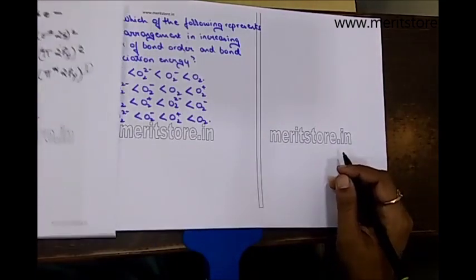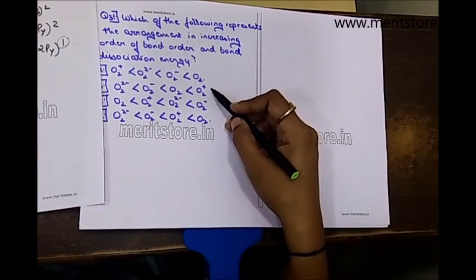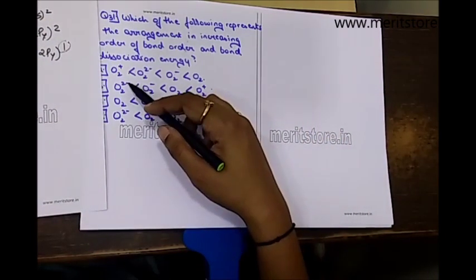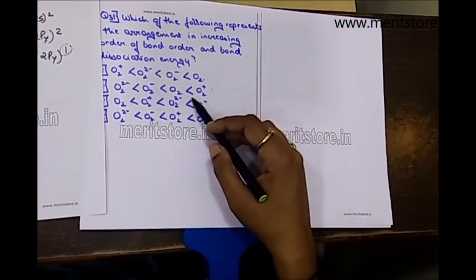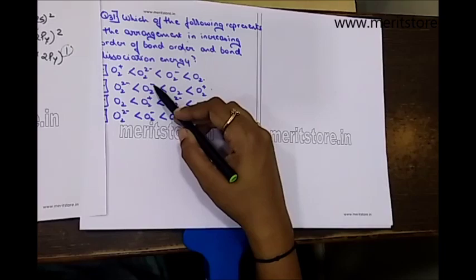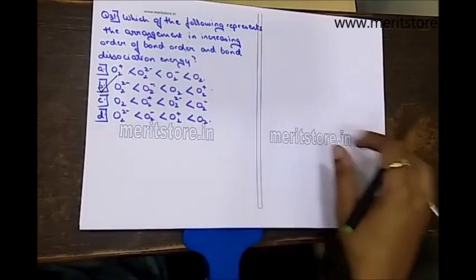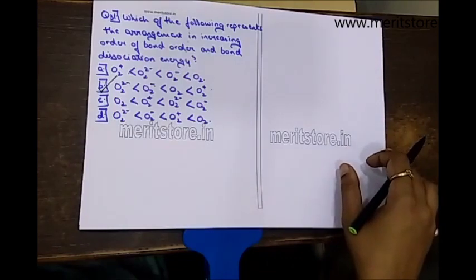So the highest bond order is with the O2 plus molecule, and the lowest is with the O2 2 minus molecule. In between you can find there is O2 molecule, and O2 minus will be around 1.5. Hence our option is option B for question number 31.